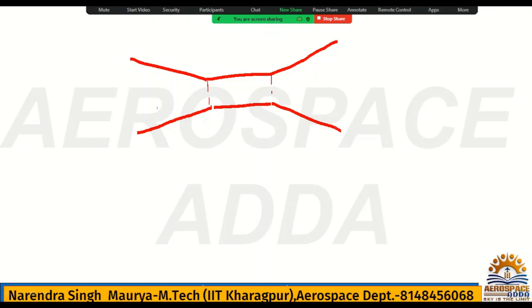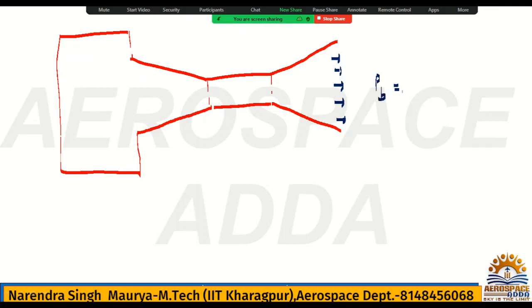So this is the CD nozzle, it is given. Now check there. This is the back pressure, and here it is the exit pressure. Okay, PB is given as 1 atm.